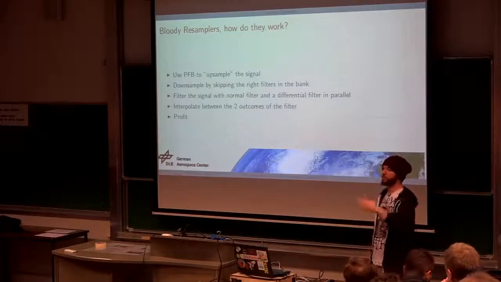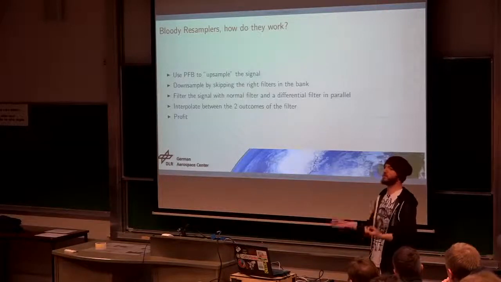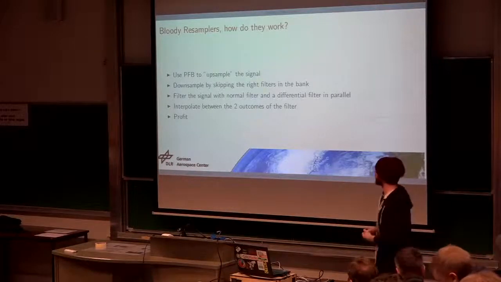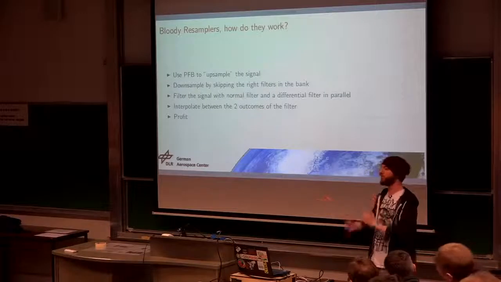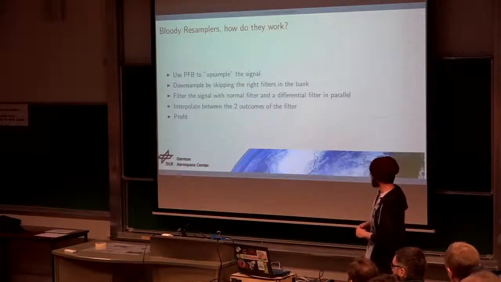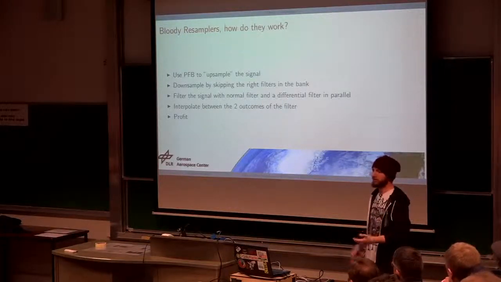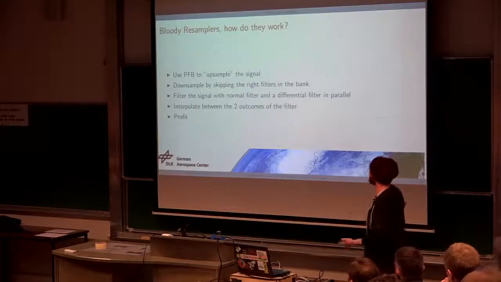And the cool thing about that is that you can basically skip most of the upsampling part that you have done before, because you just skip computing the output of the filters. So that's pretty neat. But you don't want to just skip the filters and then be close enough to the sampling rate.